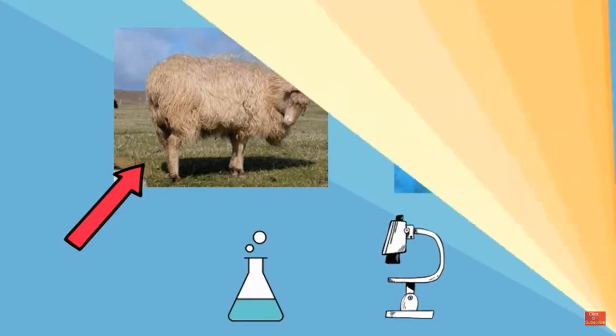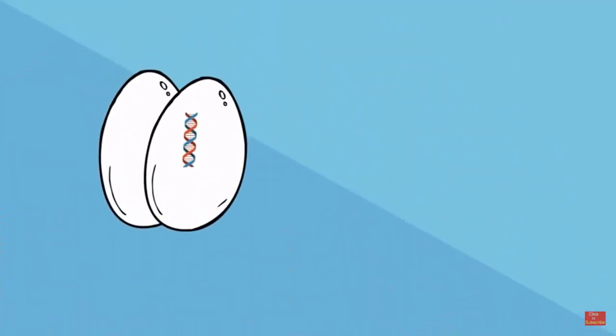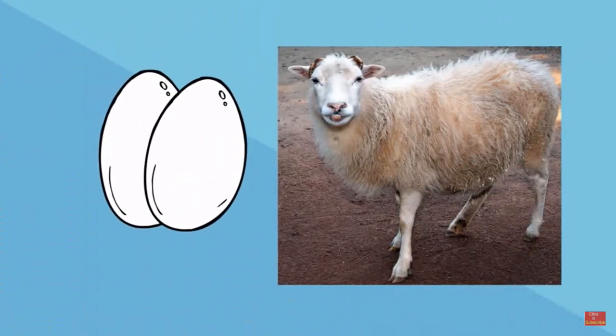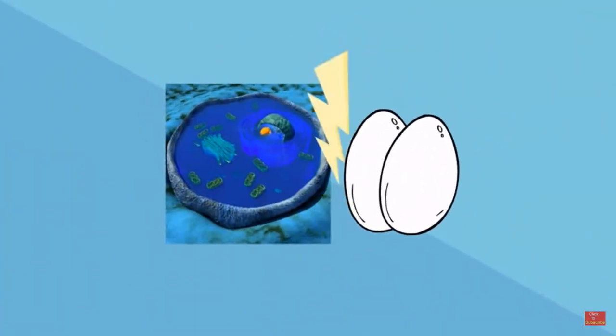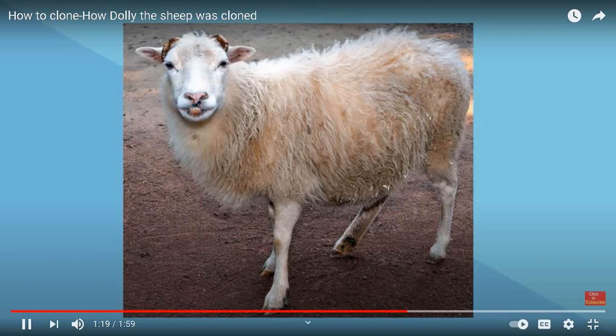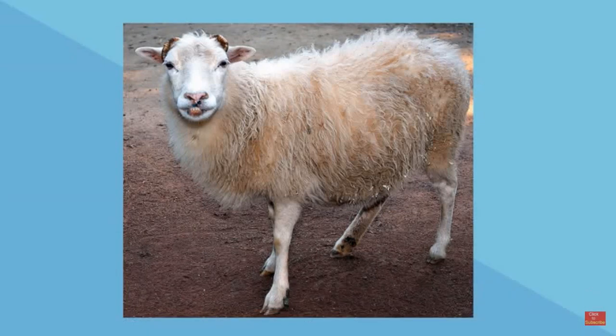Next, they took an egg from another sheep, sheep 2, and removed the nucleus. Step 3, they used electric shock and fused these two cells together. Step 4, they implanted this fused cell into a female sheep. They actually fused more than 200 cells, and one developed into a full adult. Dolly had the same cells as the original udder cells.